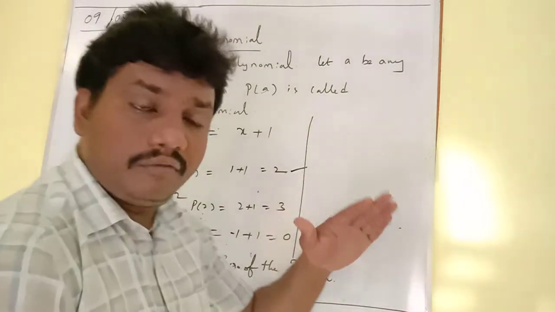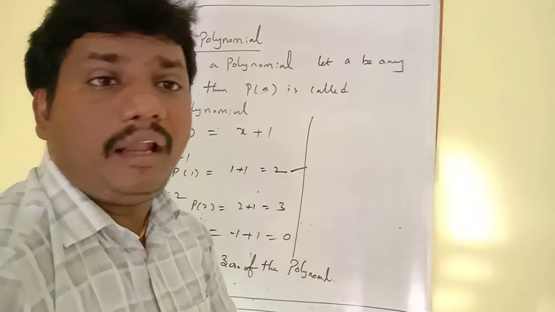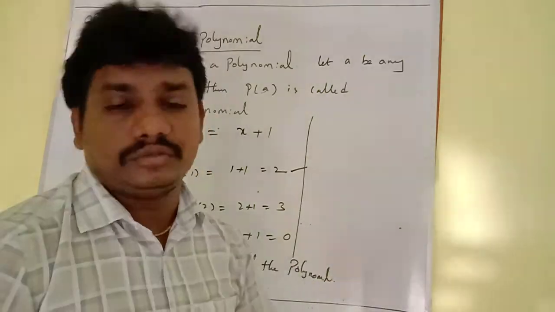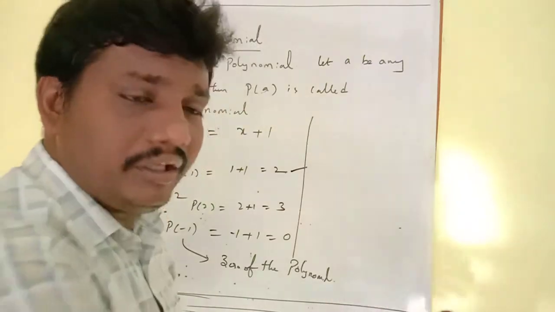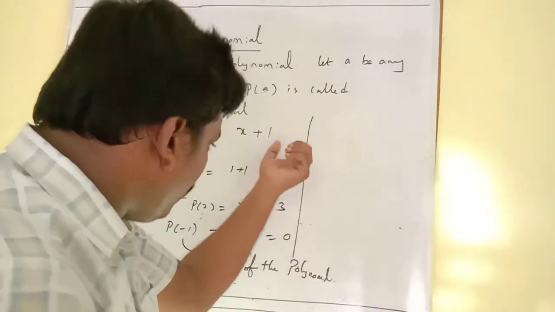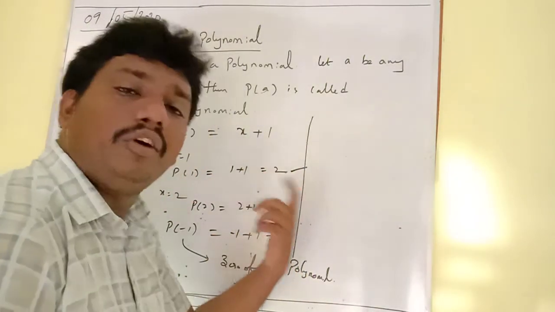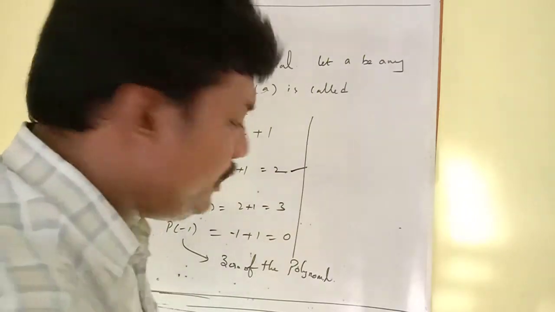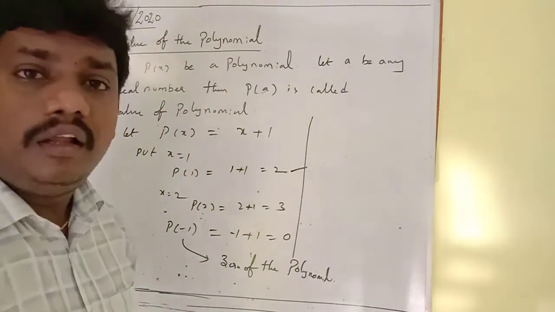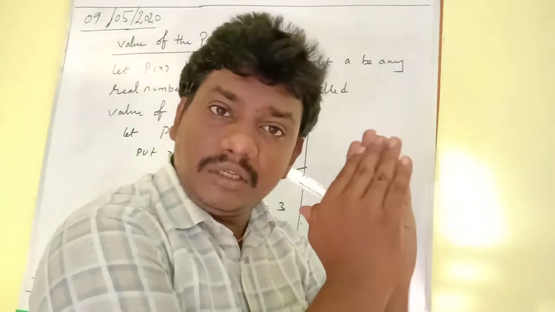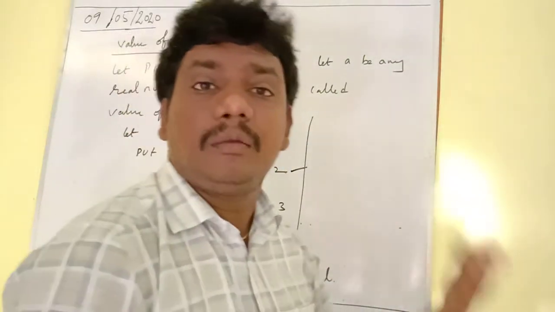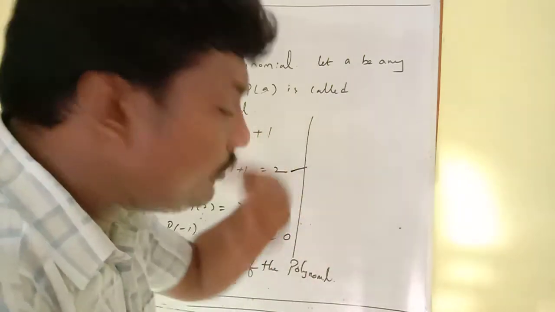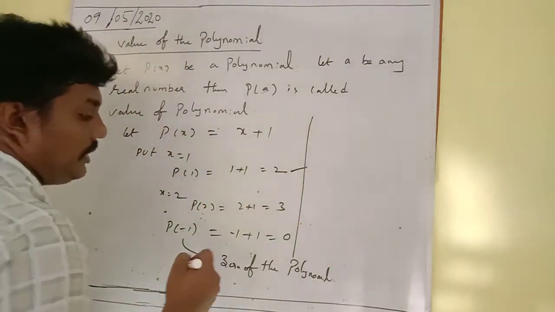What is the difference between the value of a polynomial and the zero of a polynomial? The value of the polynomial is any value. If you substitute any real number in the place of the variable, the answer you get is the value of the polynomial. But what is the zero of the polynomial? If the value of the polynomial becomes 0, then the real number you substituted in the polynomial is called the zero of the polynomial.